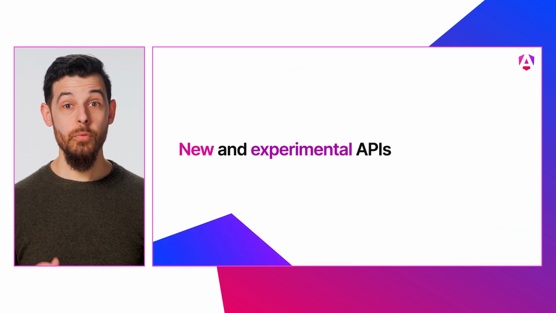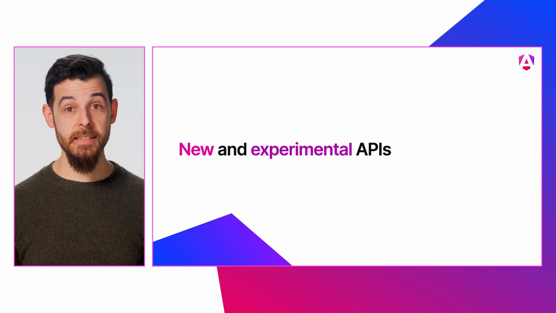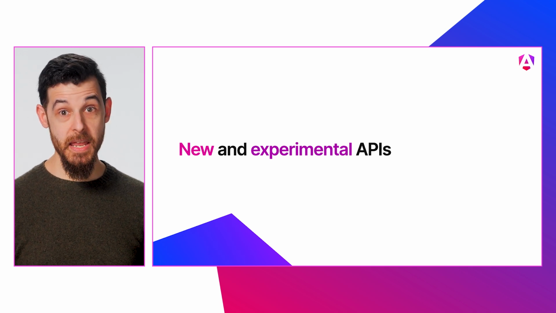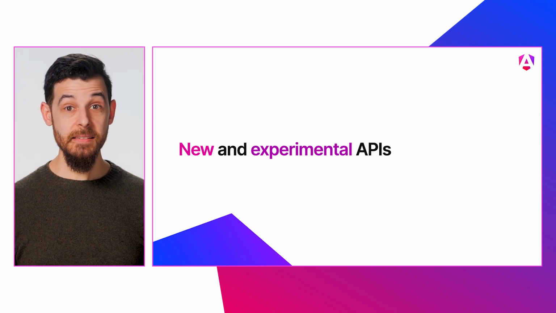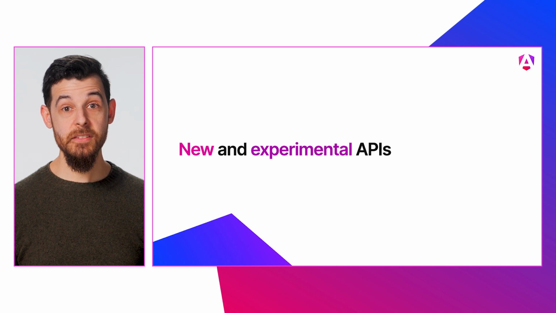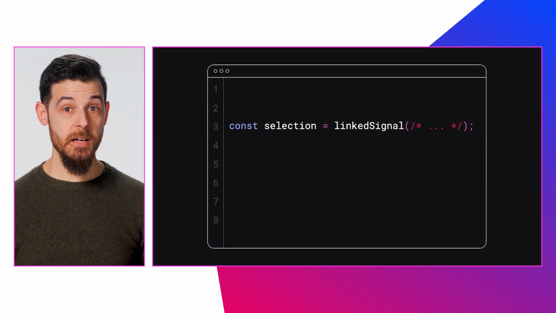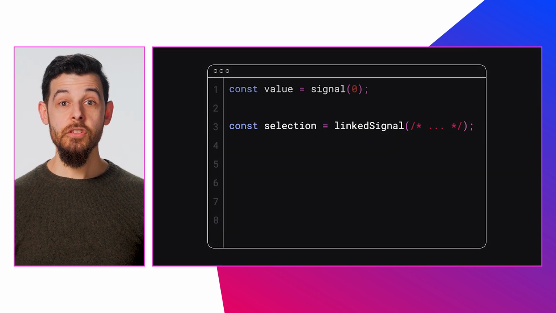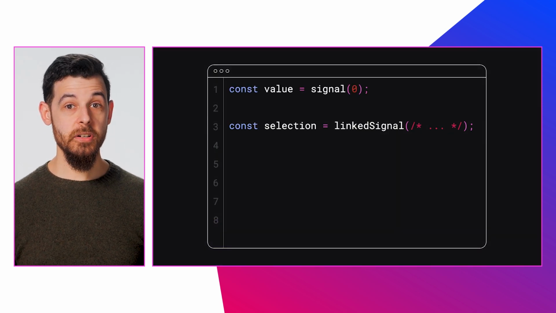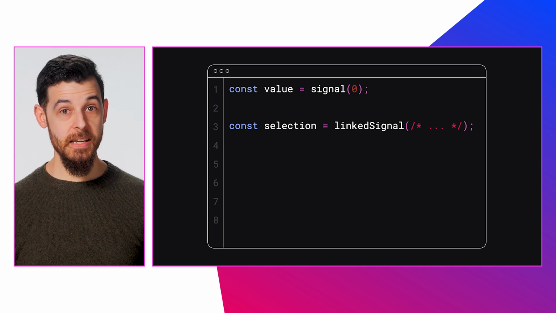That's not all. With version 19, we're also releasing a couple of new and experimental signal APIs. These APIs are inspired by some hands-on work the Angular team has done to roll out signals to production code inside Google. First up is linkedSignal. You can use linkedSignal to create some local state, just like signal.